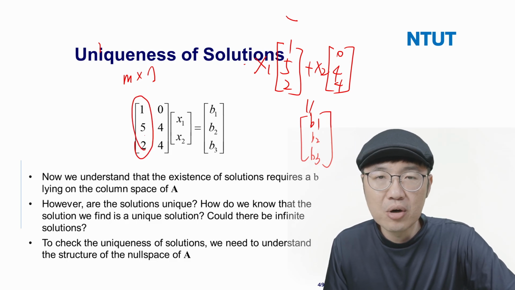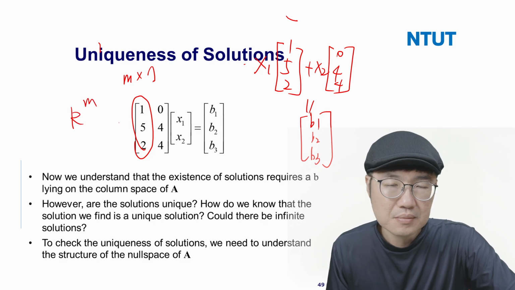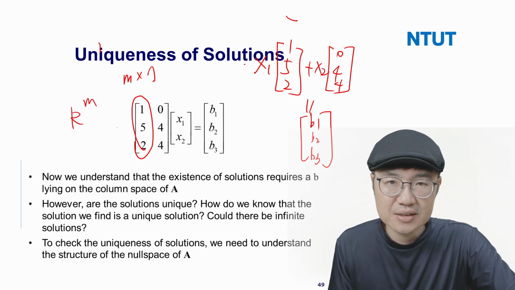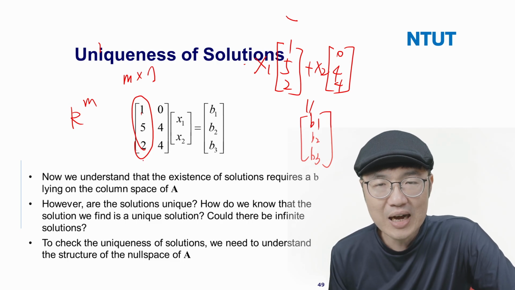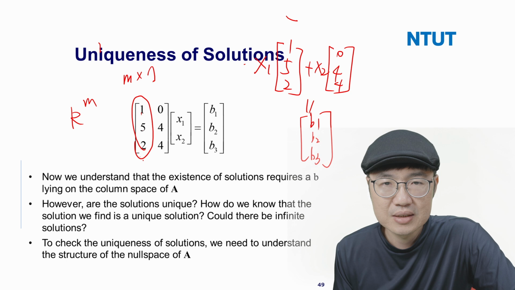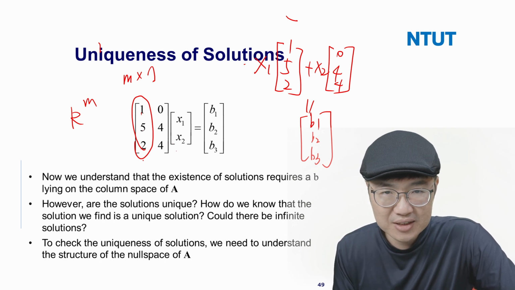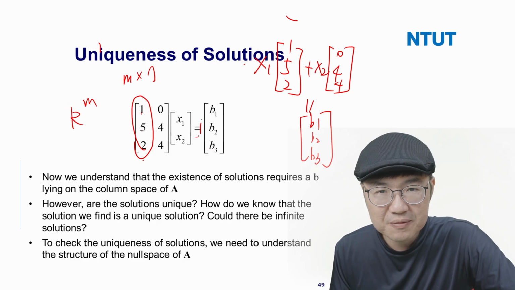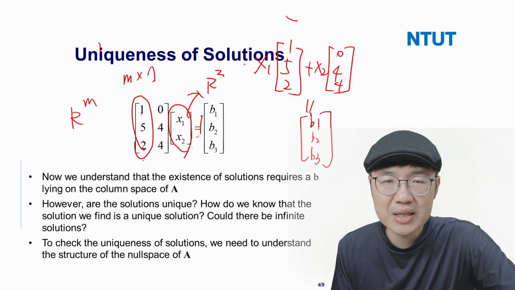columns are sampled from Rm. R3, in this case, you can count the number of entries. So yeah, the column is sampled from R3. But the X that makes AX equal 0 is from R2. It's like the X1 and X2 in this case.